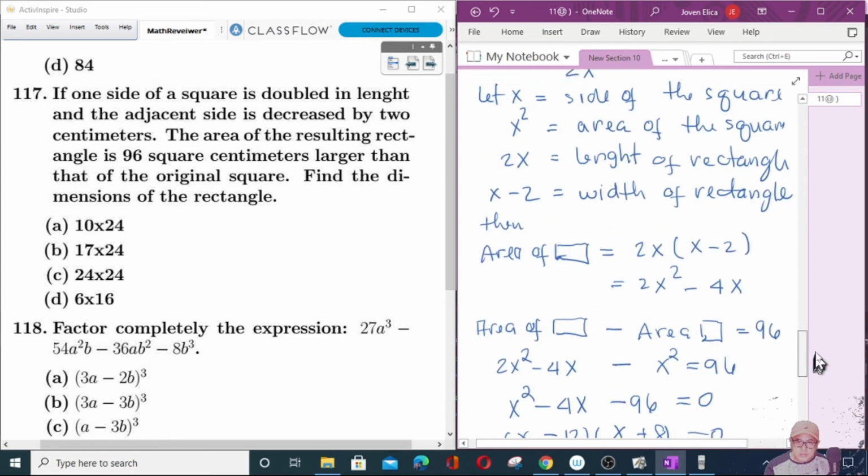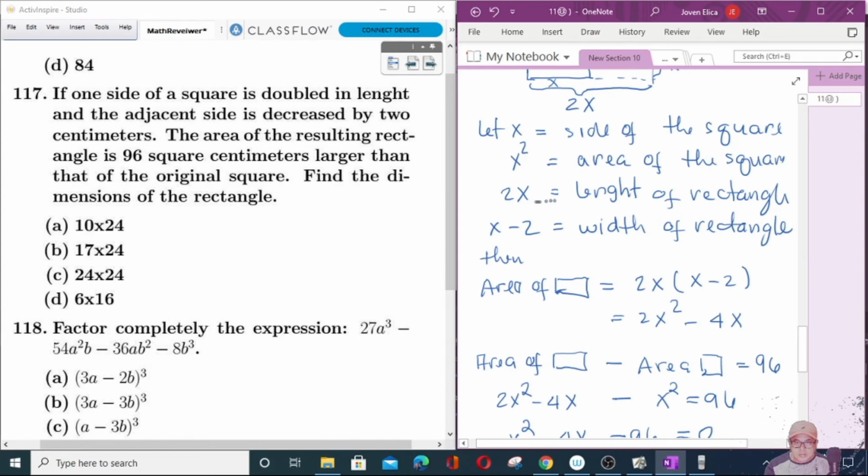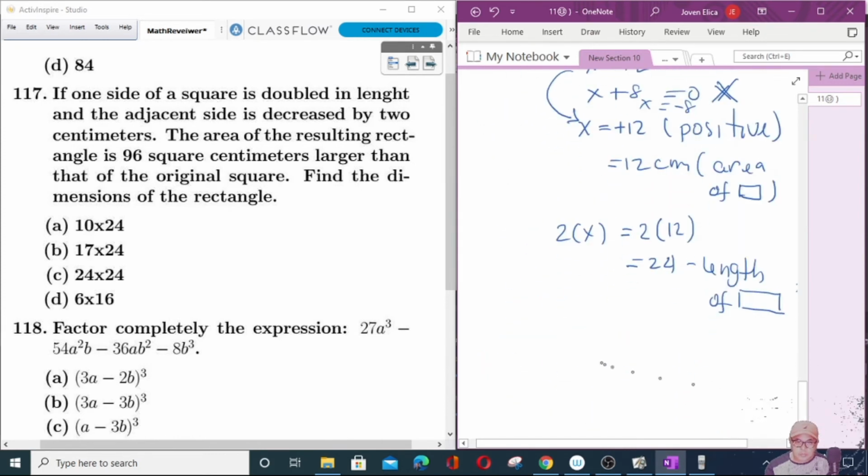What about the width? The width of the rectangle is x minus 2. So x minus 2 is equal to 24 minus 2, which is equal to 12. Sorry, this is 12.